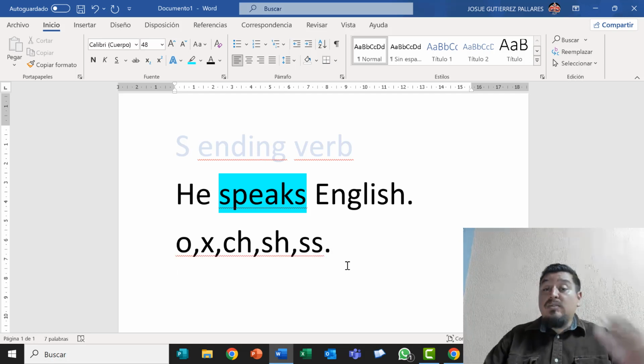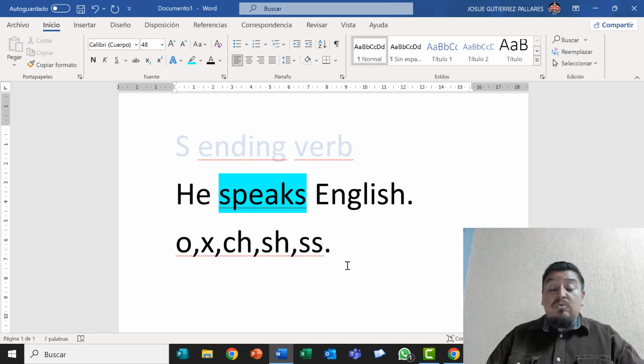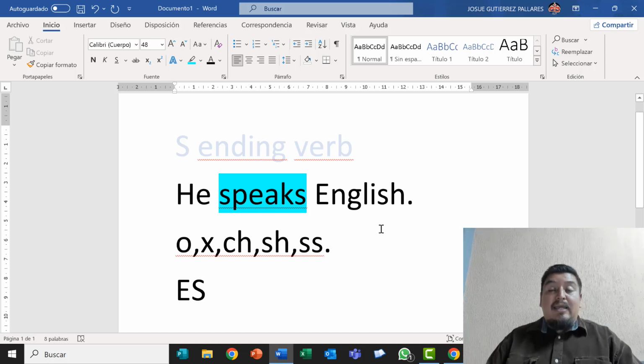And what is rule number 2? Well, it's very simple. You just need to add an es at the verb ending.